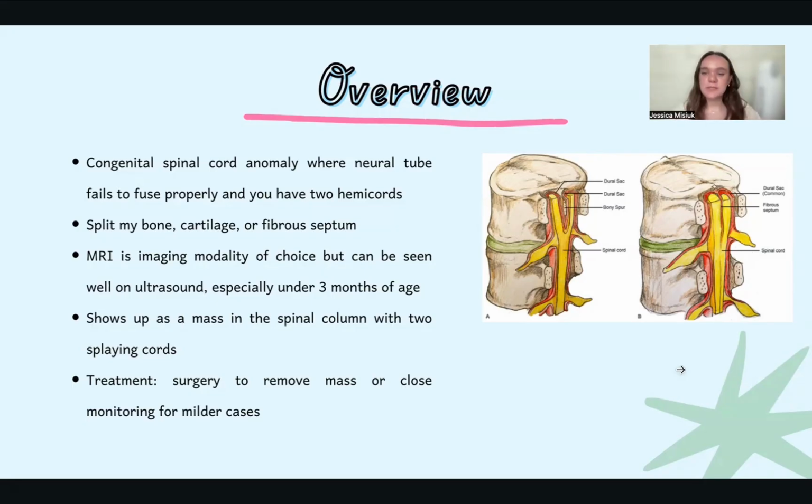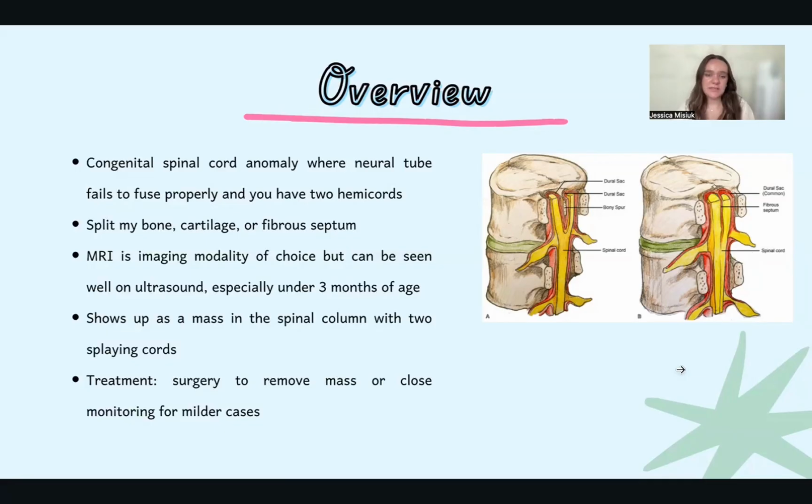The first one being a bony septum, and this one usually causes two dural sacs. And the second image to the right shows a split by a fibrous septum, and this one usually ends up having one dural sac due to just the nature of the abnormality.